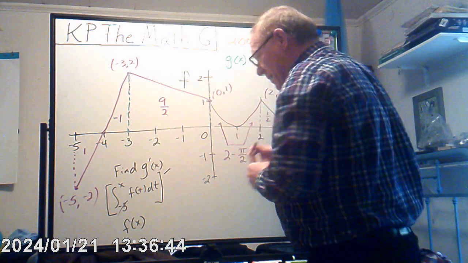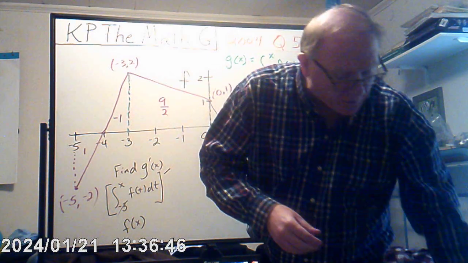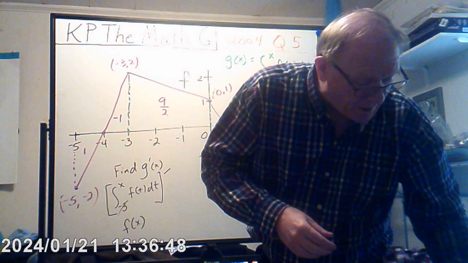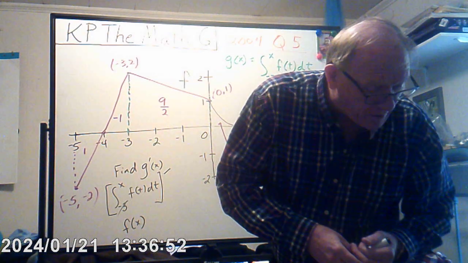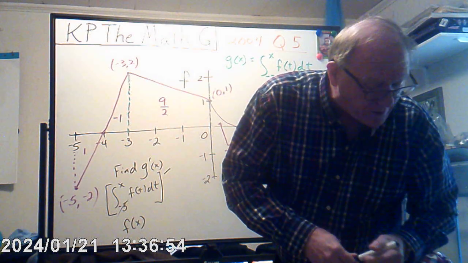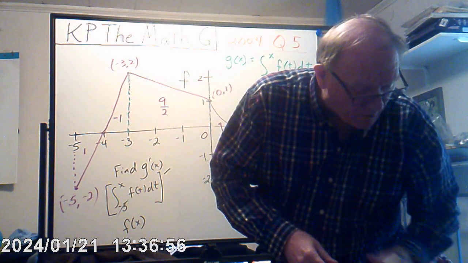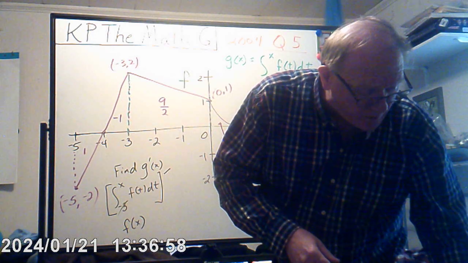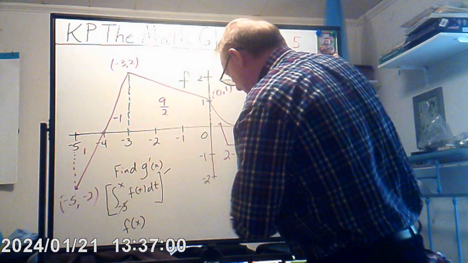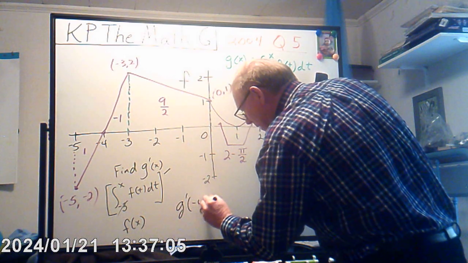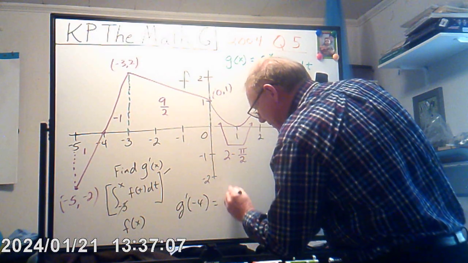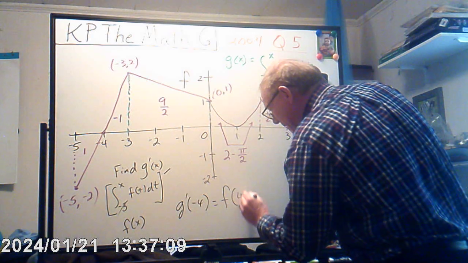So if we had to find, for example, G prime, let's see, I've got 5 of them that I'm looking at. G prime at -4 is the same as saying f at -4.